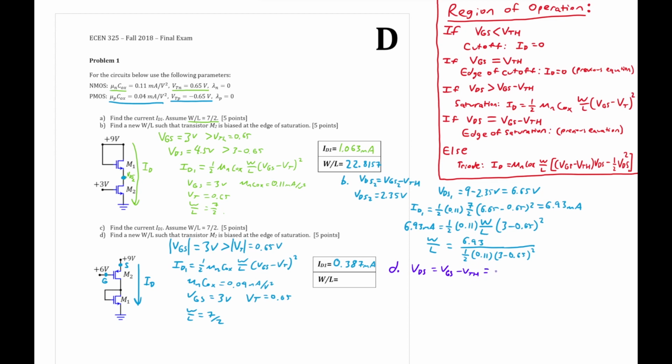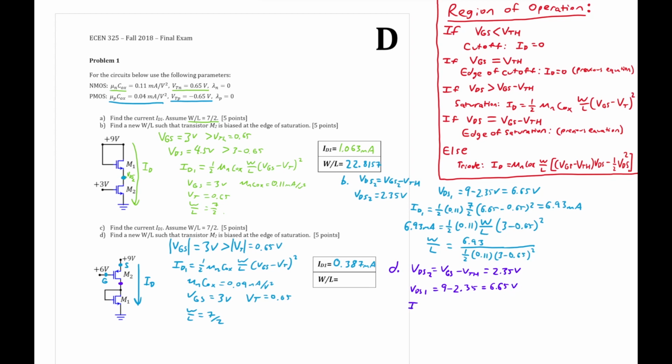So that means our VDS value, again, is 2.35 volts. Now this is very similar to the last problem, except the transistors are flipped. So this is VDS for M2, and this is VDS of 1, right? If the voltage drop across M2 is 2.35 volts, VDS1 has to be 9 minus the voltage drop across the transistor, 2.35 volts, which is 6.65 volts.